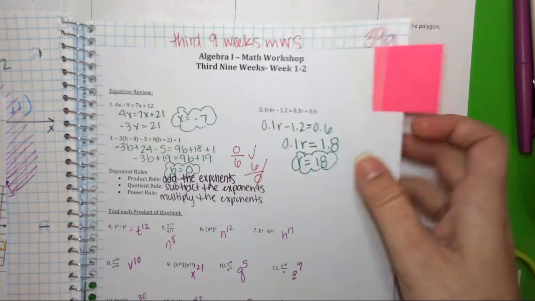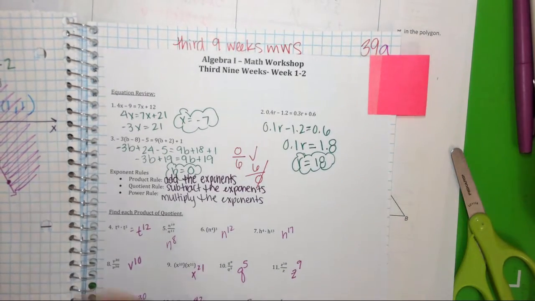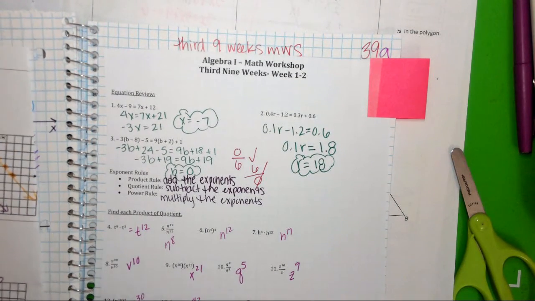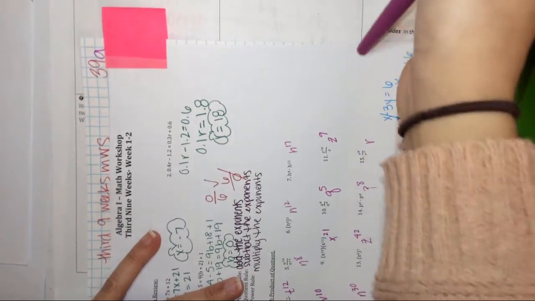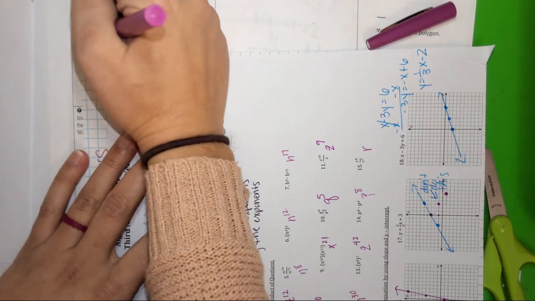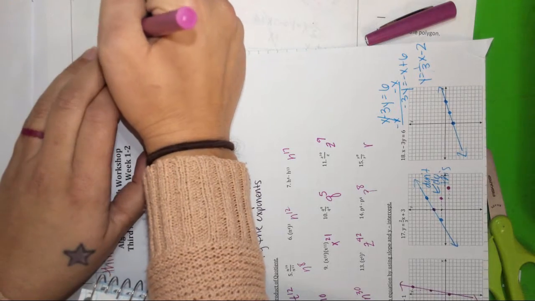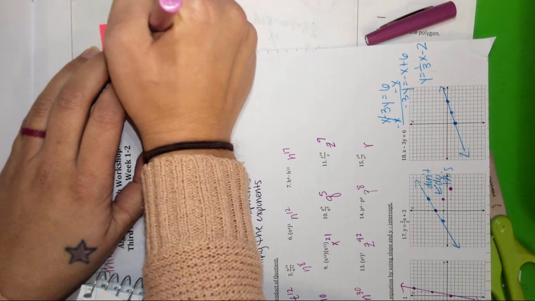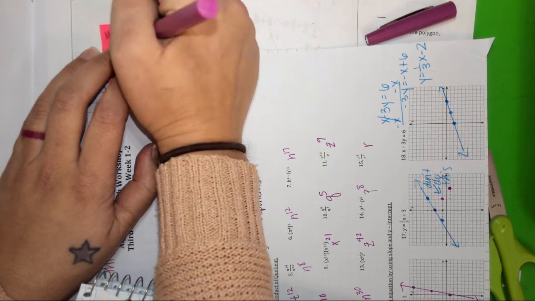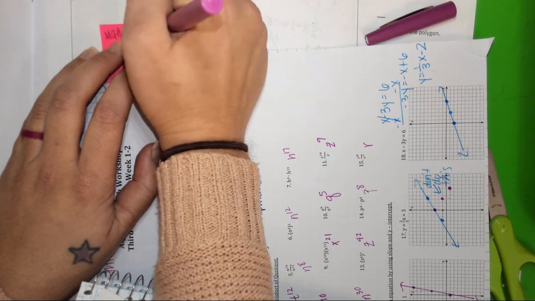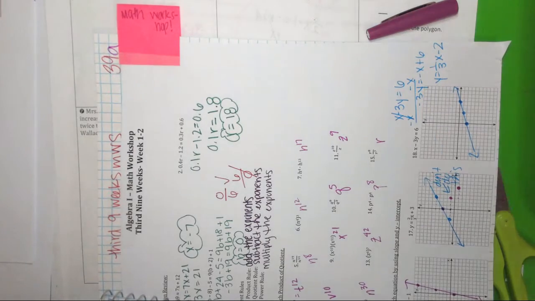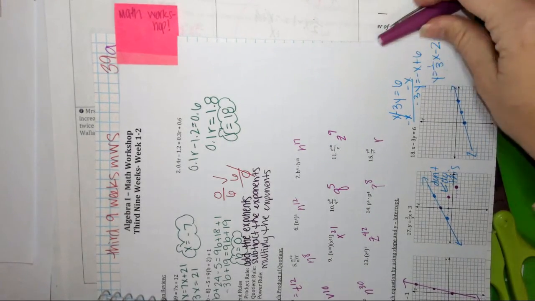And then I'm going to write Math Workshop on it so that I know where my math workshops begin. I'm going to write that in a darker color so I can actually see it.